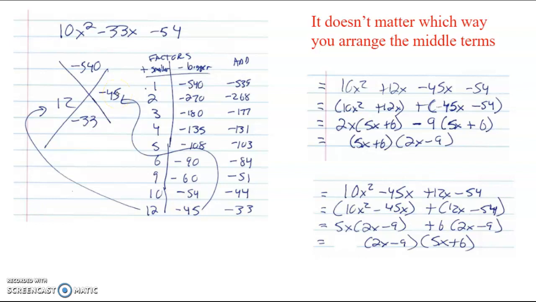Okay. Now, I want you to think about this, all right? It doesn't matter which way I arrange the middle term. It doesn't matter whether I put 10x squared plus 12x minus 45x minus 54 as a split, or reverse the negative 45x and 12x. Is it going to make any difference to the final answer?